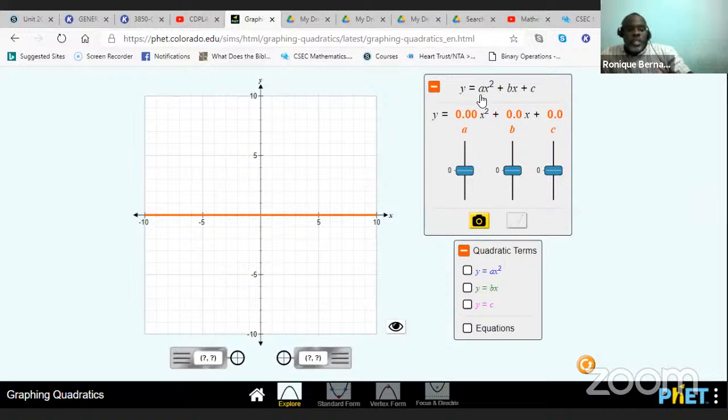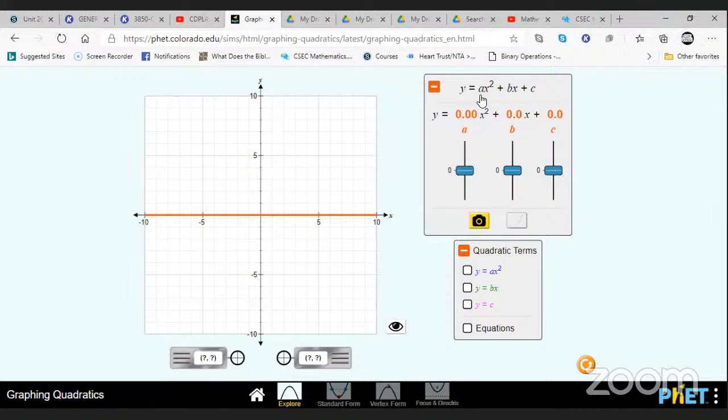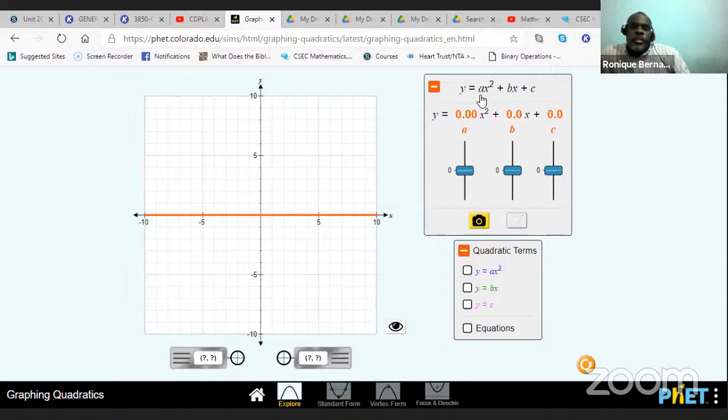So it's a numerical or constant quantity placed before and multiplying the variable in an algebraic expression. The variables in this algebraic expression are x and y, and the a is before the variable x. So it's a coefficient.